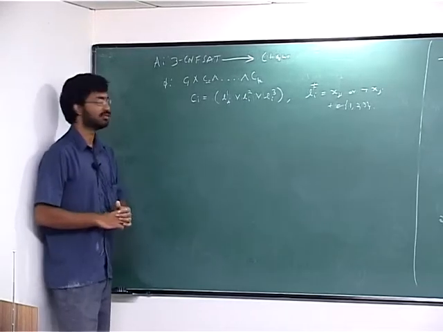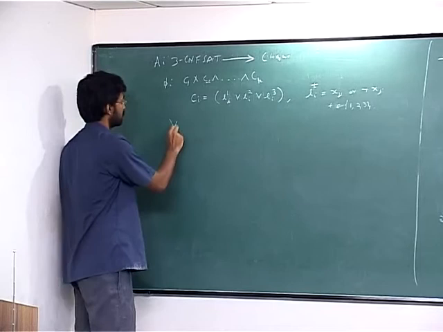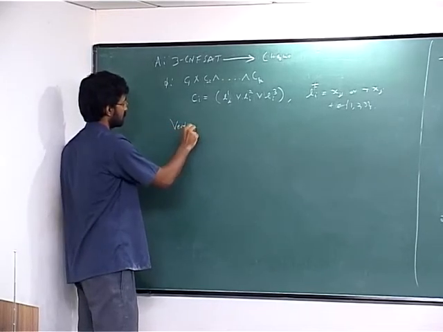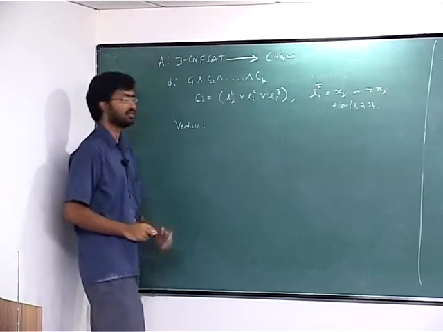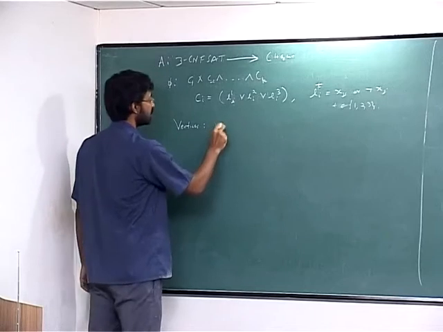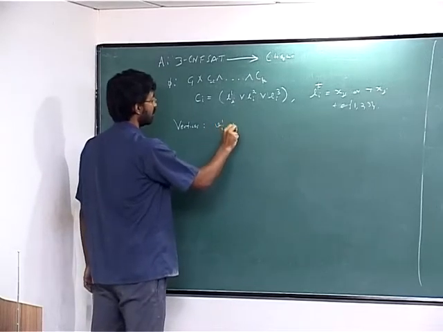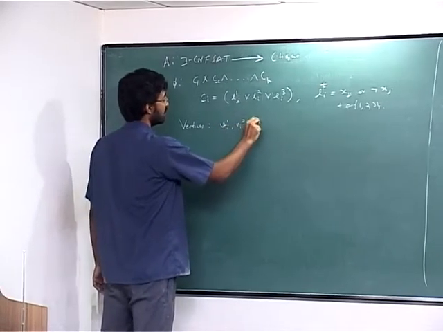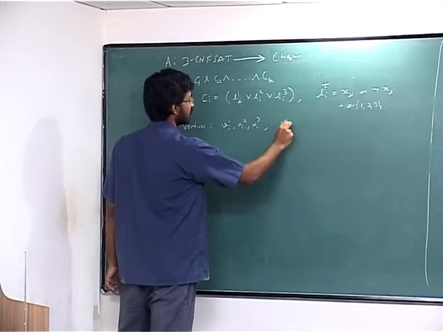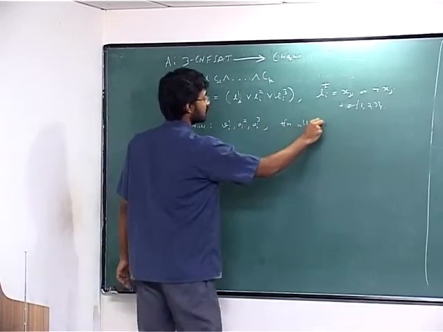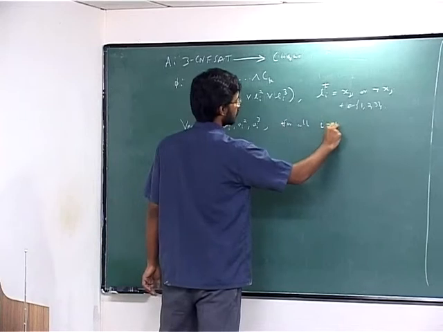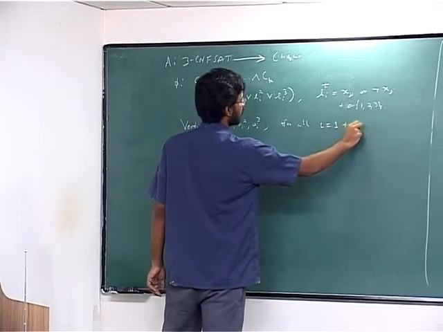What are the vertices of our graph? So we create vertices Vi1, Vi2 and Vi3 for all i equal to 1, 2, ..., k.